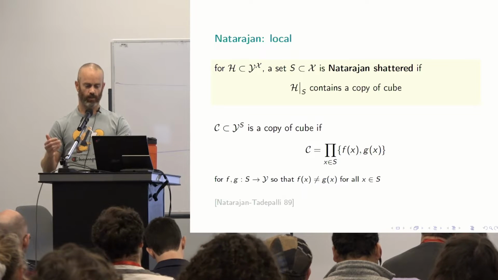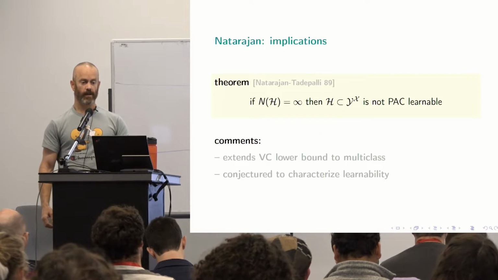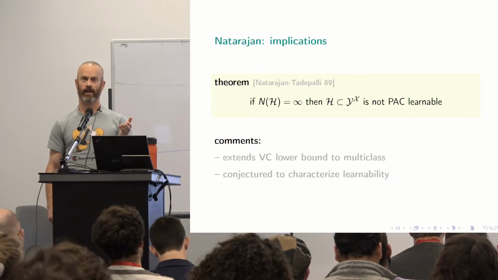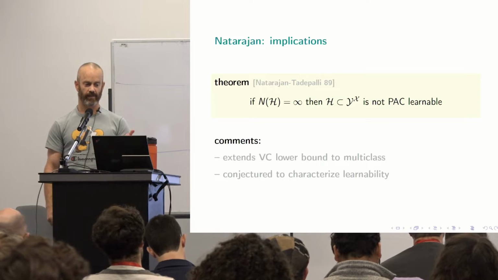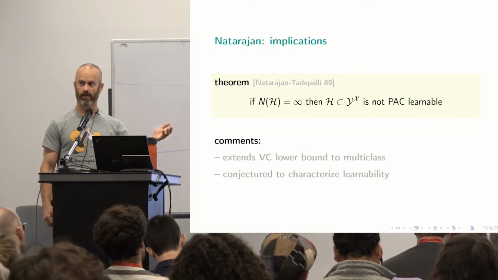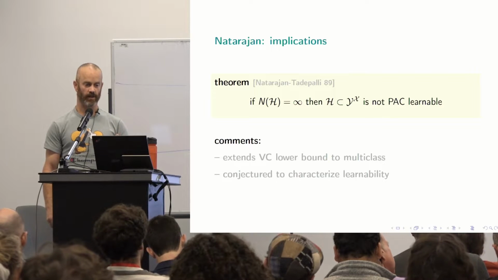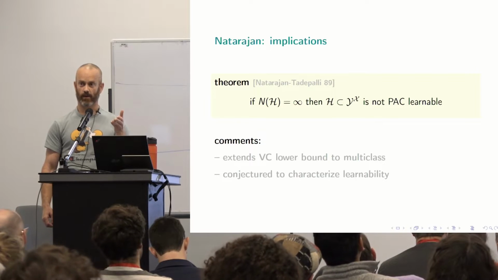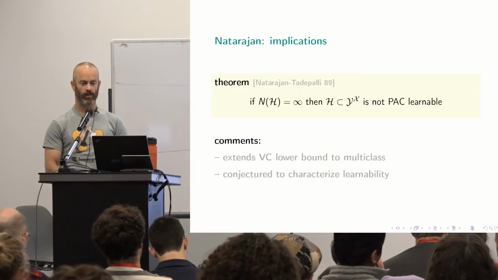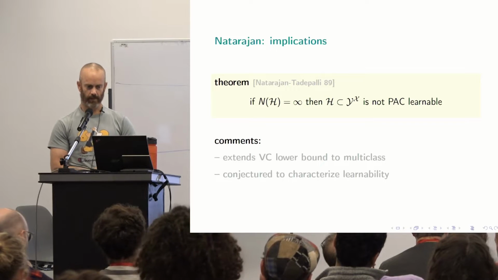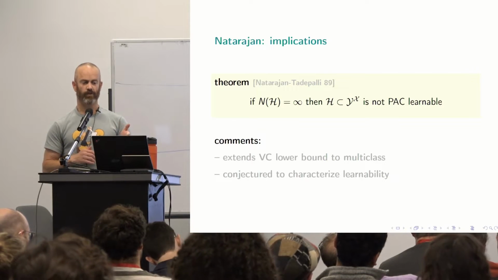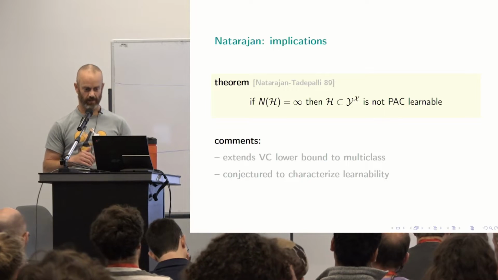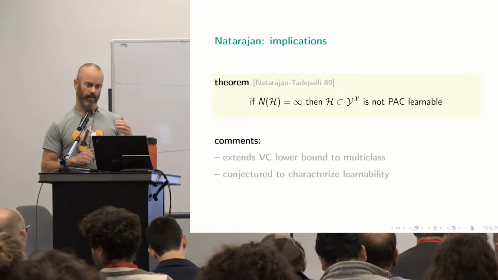One of the reasons Natarajan defined it is that this dimension gives us a way to at least understand when learning is impossible. If this dimension is infinite, as Natarajan and Tadepalli proved, then the class is not learnable in the PAC setting. This was proved in the 80s, and the proof is an extension of the VC lower bound.